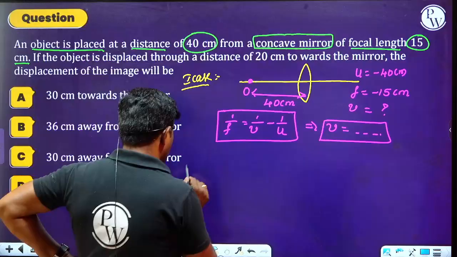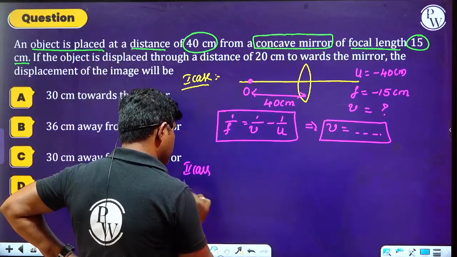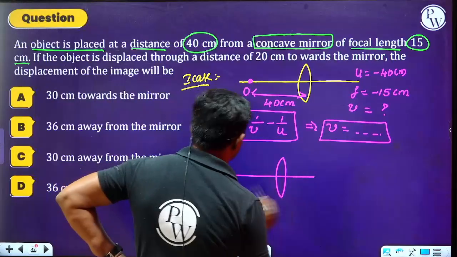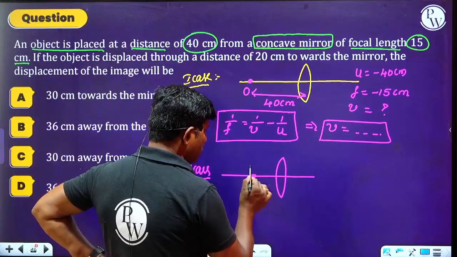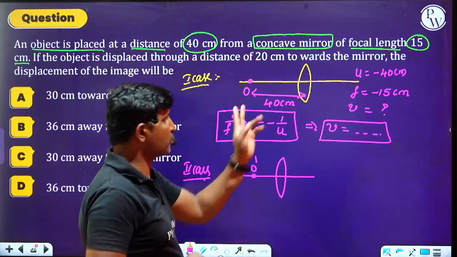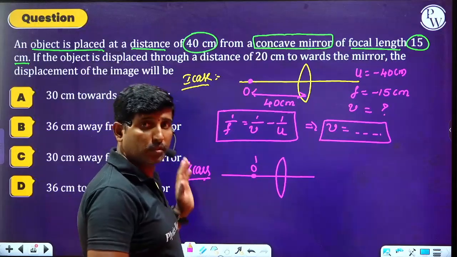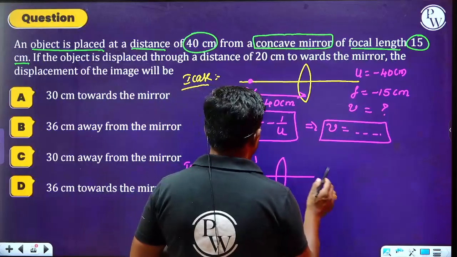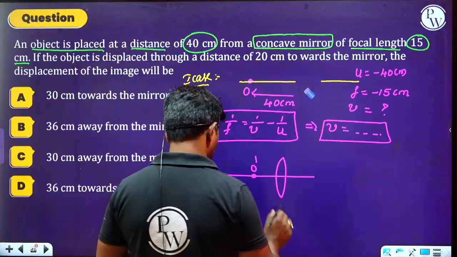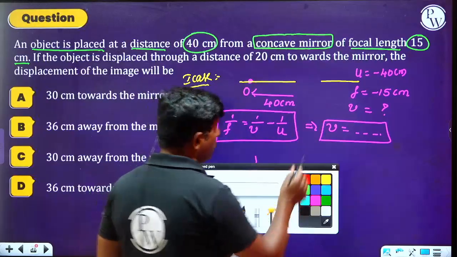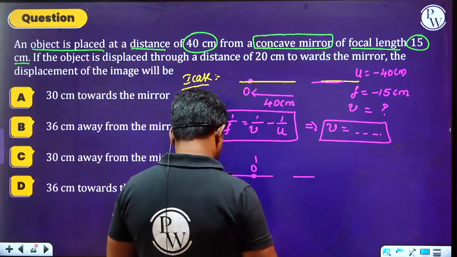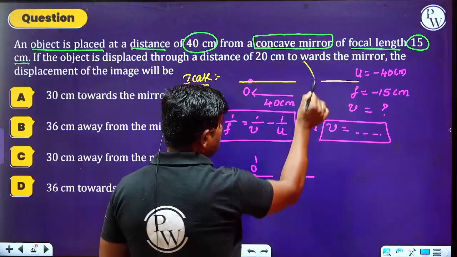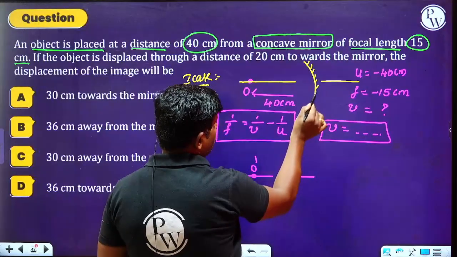And in the second case, the object is moved to a distance of 20 centimeter. Initially, the distance is 40 centimeter. If the object is moved towards the mirror, no, sorry, I have drawn the lens. This is the mirror, a concave mirror.